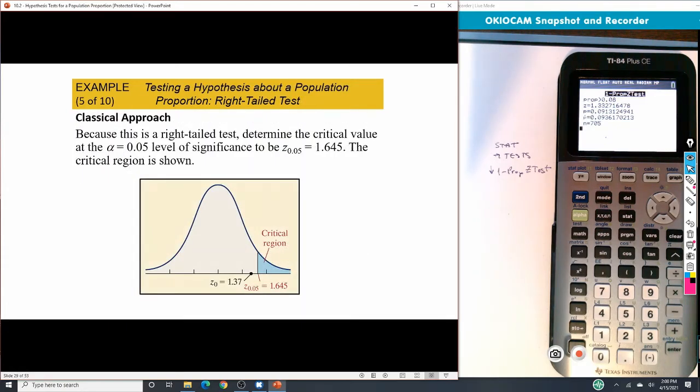Okay. But it's also our significance. We also need to remember 0.05 level of significance is going to be 1.645. Remember that from the table. That's a 95% on those pieces. So you can also go back and look at those things.